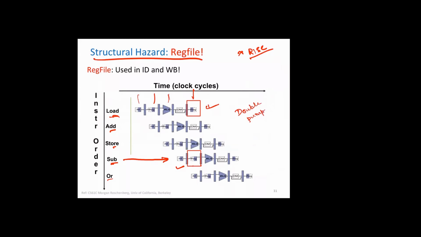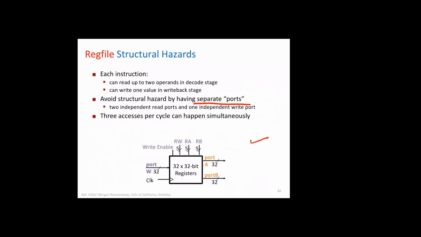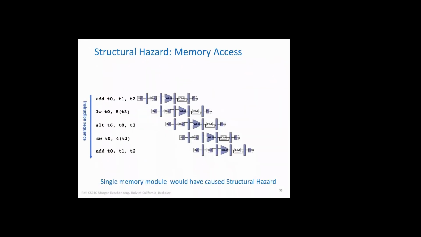So this is called double pumping. We avoid this hazard by designing registers which can be read and written in the same cycle.